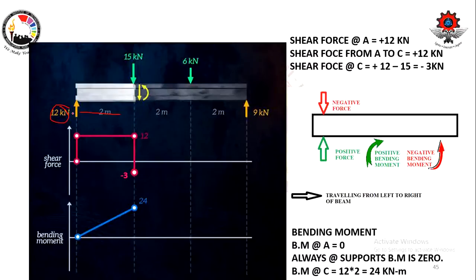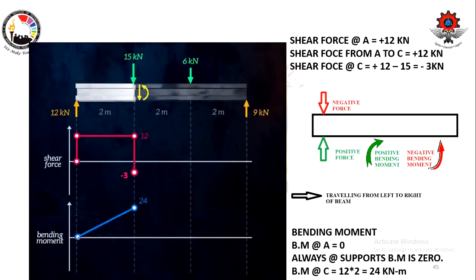So 12 kilonewton into distance 2. How is this positive? This is a clockwise bending moment. As we know, clockwise is positive. So hence it is 24.